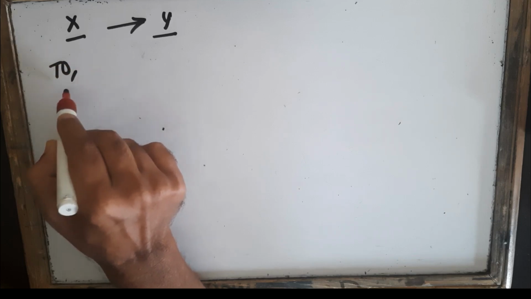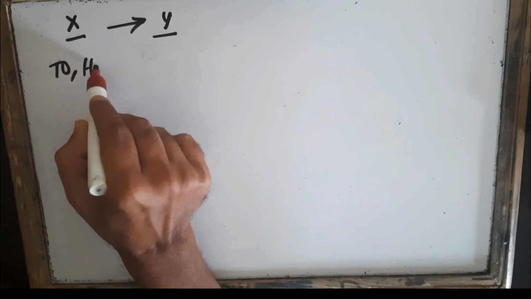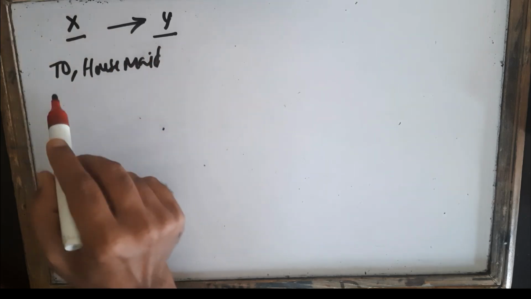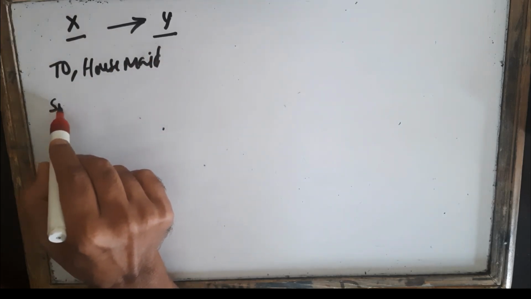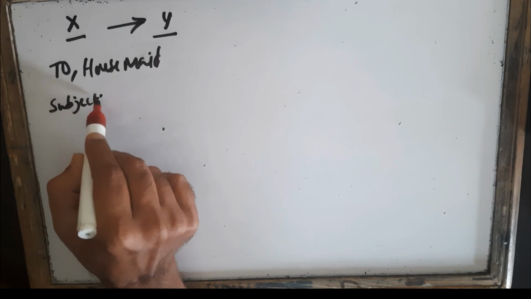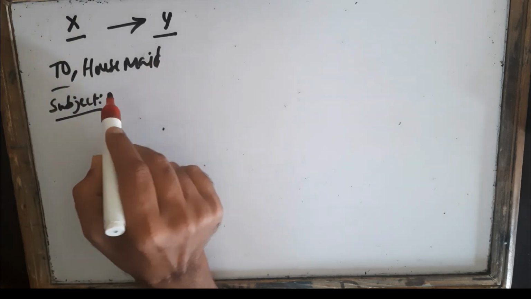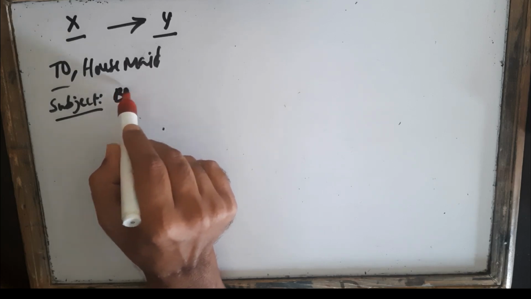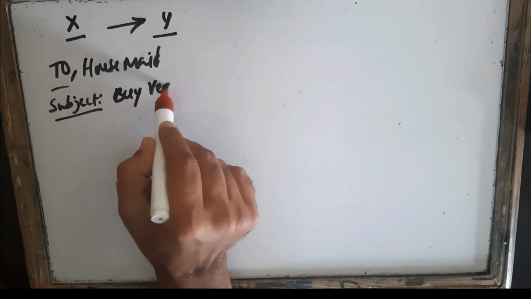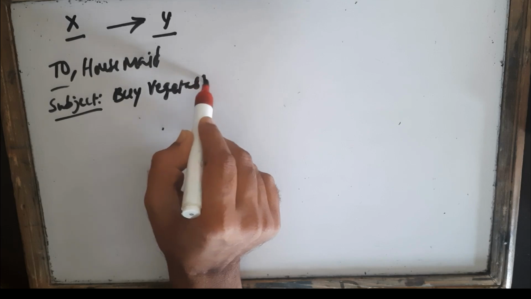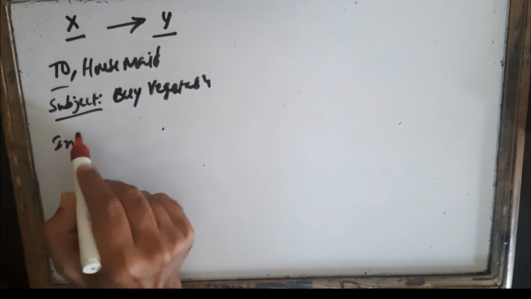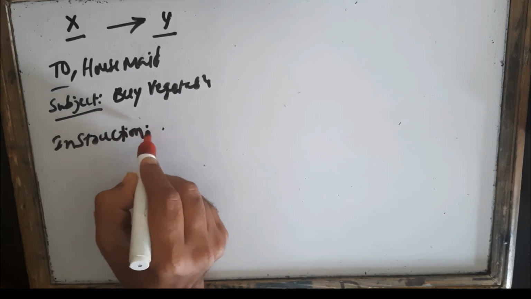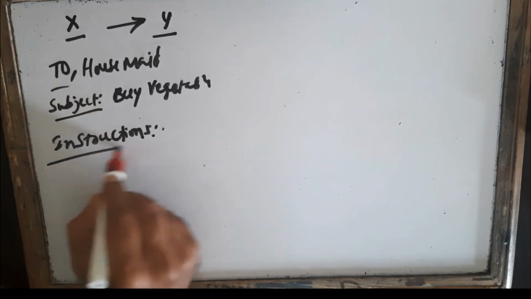We write to housemate and subject, normally subject will be like buy vegetable and instructions.